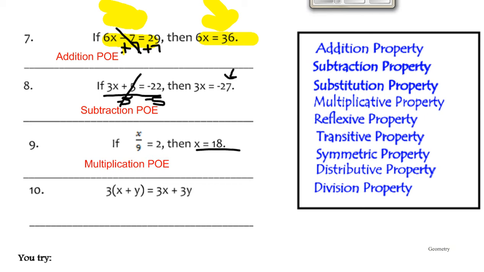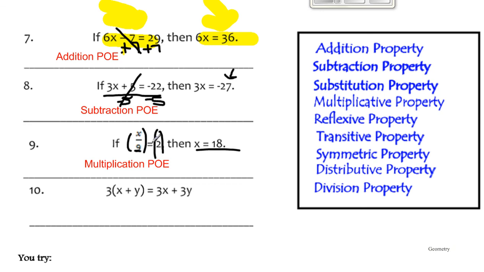All right, and this one is a little bit tricky, especially if you were very weak in algebra, because a lot of you may not have remembered that in order to get rid of a fraction here, you have to multiply by the denominator, the number on the bottom of the fraction, that 9.